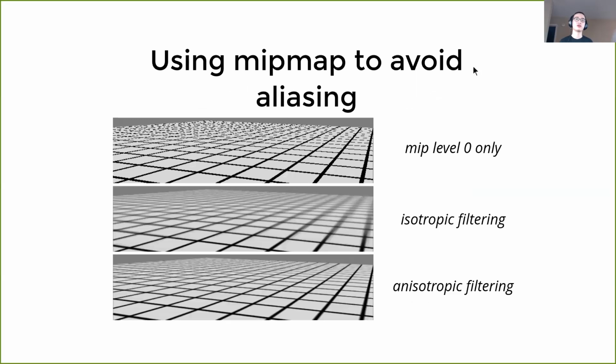MIP maps are useful to avoid aliasing. For example, if we don't have any kind of MIP map, and then we use the nearest point, then we get this horrible artifact. But if we apply some MIP map and use more advanced filtering, then we get a smooth image.